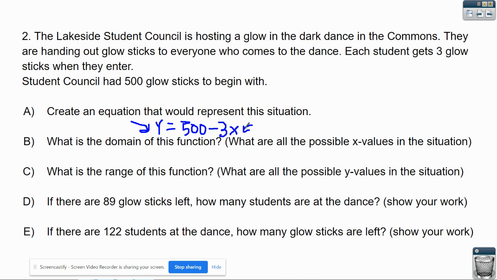X, I lose 3 a person, so X is my number of people. Number of peeps, which I think is short for people. I'm not really good at lingo. And then Y, this whole problem is about glow sticks, is number of glow sticks remaining.